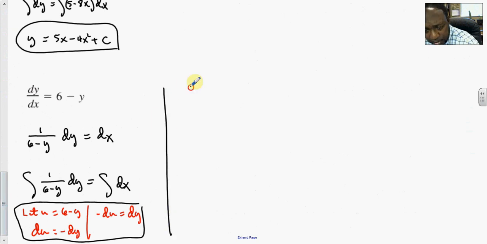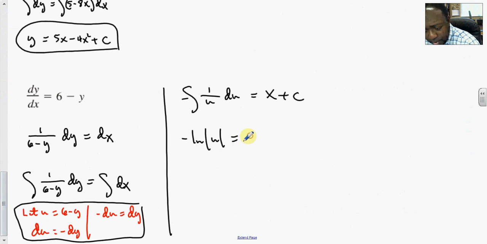And so that gives us the integral here, negative 1 over u du, and that's equal to the integral of dx, which is just x plus some constant. So this is negative the natural log of the absolute value of u is equal to x plus c. This is negative the natural log of the absolute value, where u is 6 minus y, is equal to x. Let's let this constant be c sub 1, x plus c sub 1.